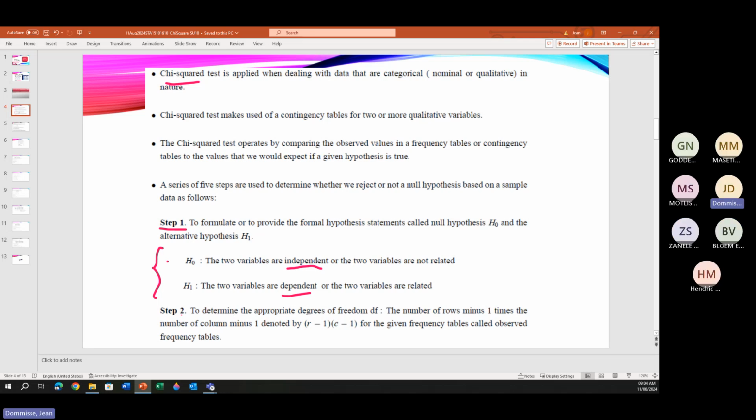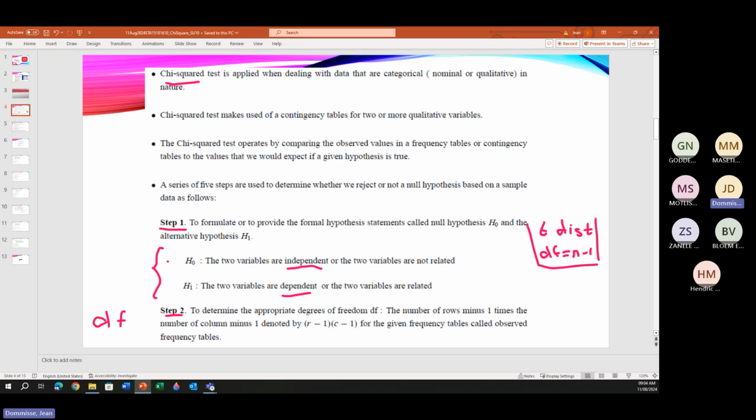Then the second step is to work out what your degrees of freedom is. And here's a bit of a difference between this and study unit 9. In study unit 9, when we did the t distribution, your degrees of freedom was and is always n minus 1.